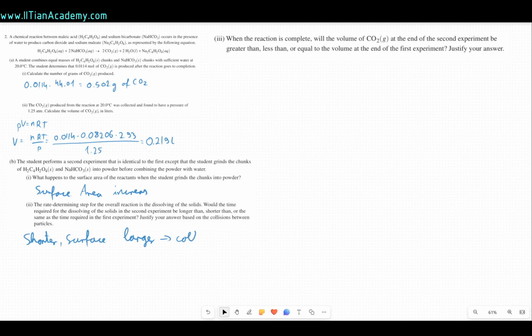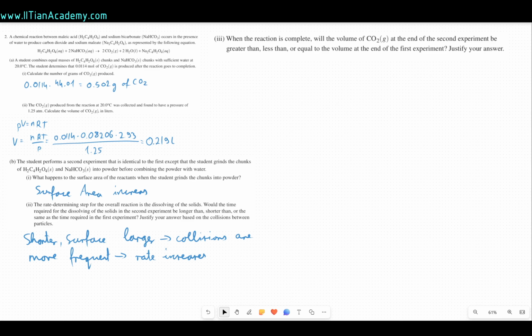So collisions are more frequent, and therefore our rate will increase, as more successful collisions can happen per unit time, and therefore it will go ahead more quickly.